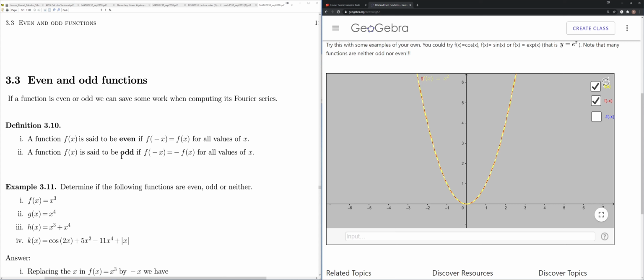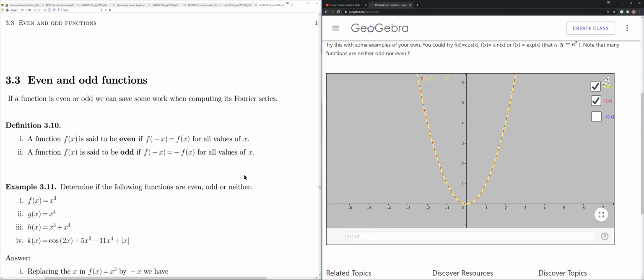Now we have a definition of an odd function. A function is odd if f of minus x is equal to minus f of x, or in other words, f of x is equal to minus f of minus x.